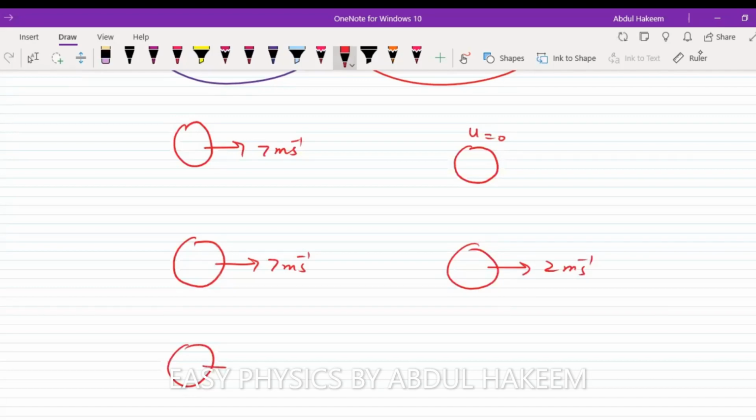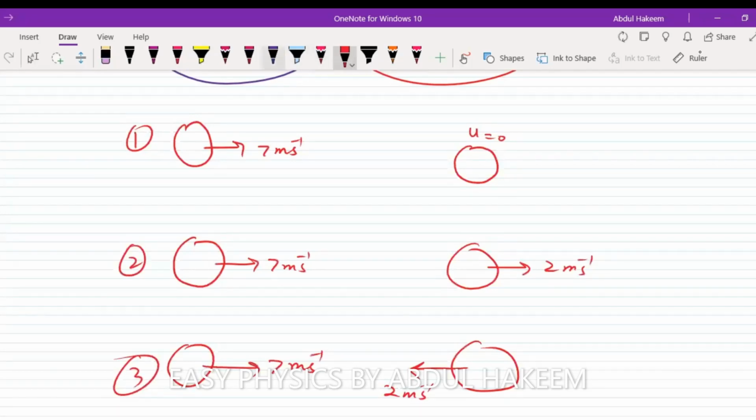And in the third case, this object is moving 7 meters per second, and this is going in the opposite direction with 2 meters per second. Now, number one, number two, number three, definitely this head-on collision will be the strongest one. And this is the weak collision. And this is the medium collision.